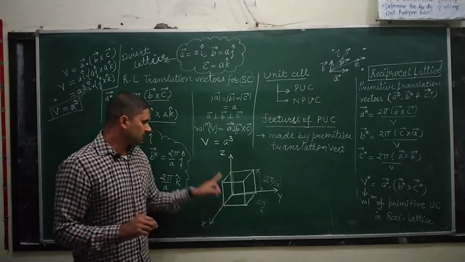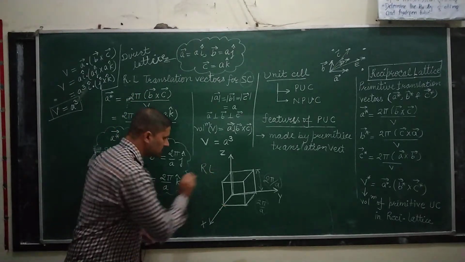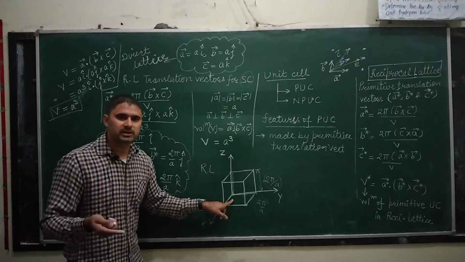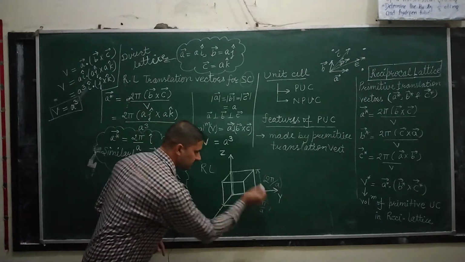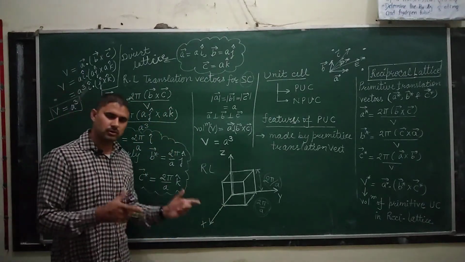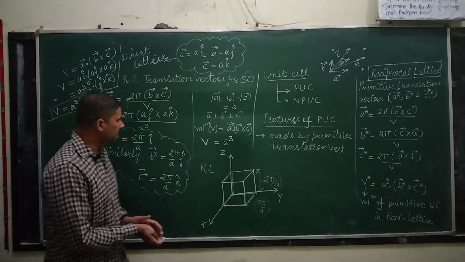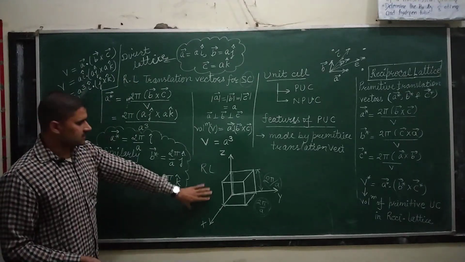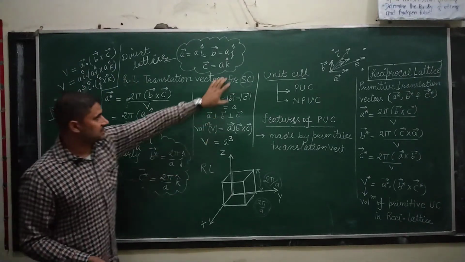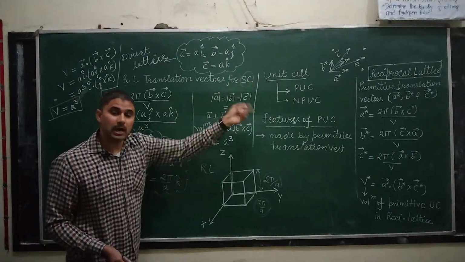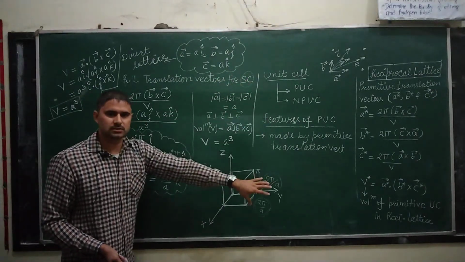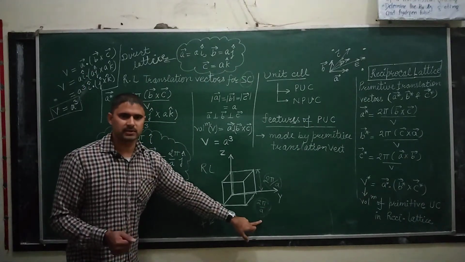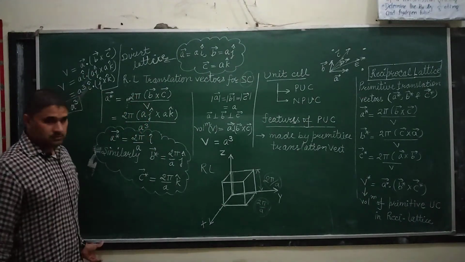So we can say in reciprocal lattice also, the primitive unit cell is simple cubic, but the dimension has changed. If you summarize this in a single line, the unit cell in reciprocal lattice of a simple cubic is also a simple cubic of side 2 pi by a. Getting me? Okay.